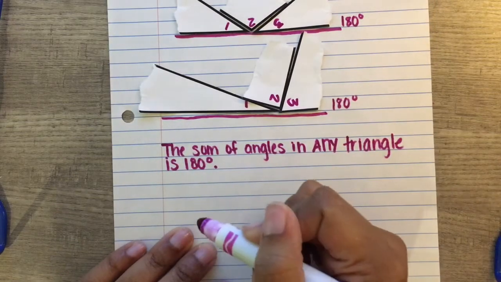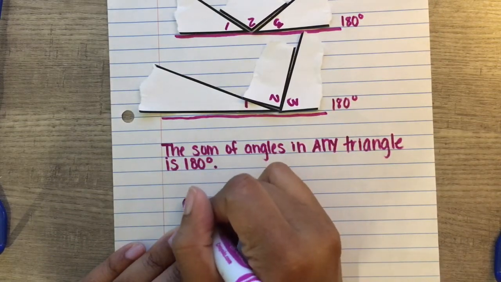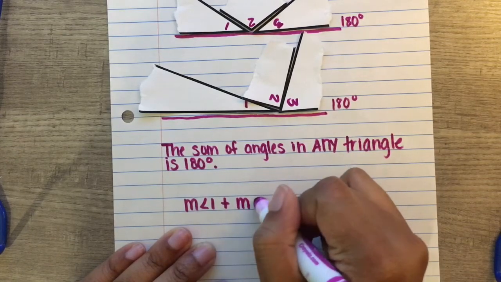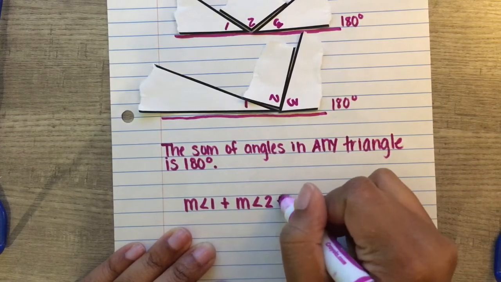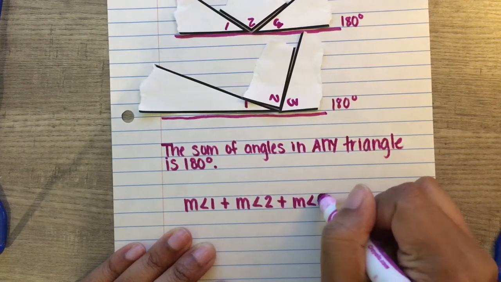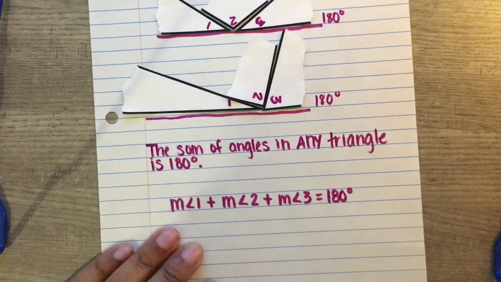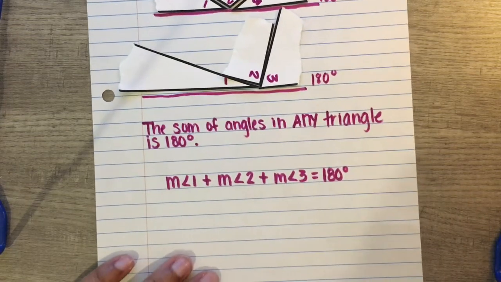Okay, so another way that you might see it is the measure of angle 1 plus the measure of angle 2 plus the measure of angle 3 is equal to 180 degrees. You might see that as well.